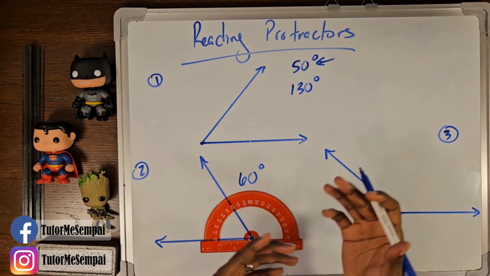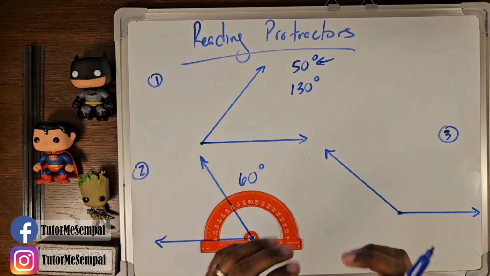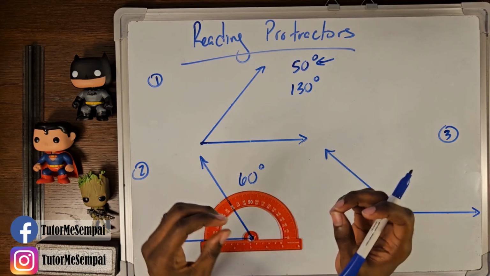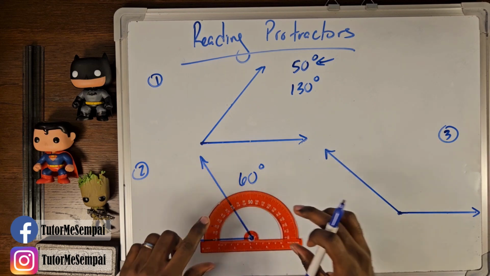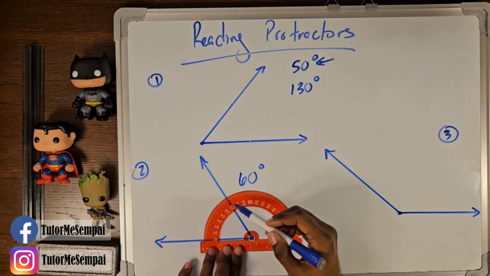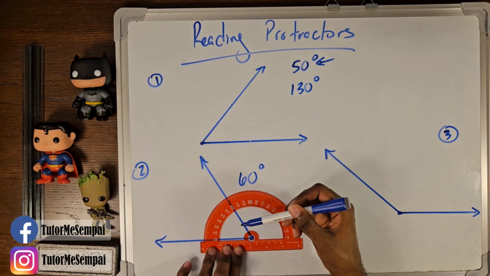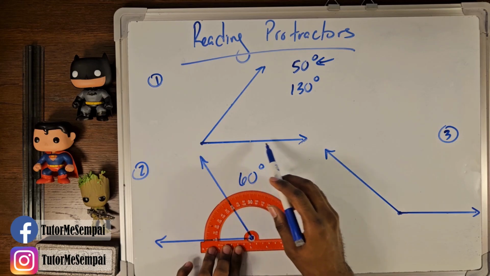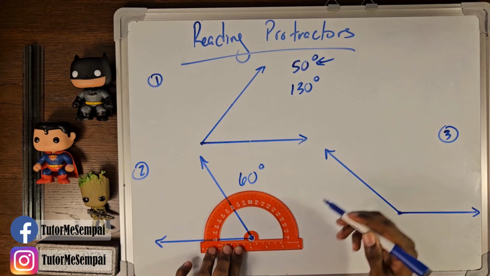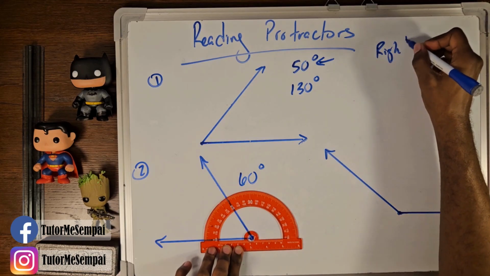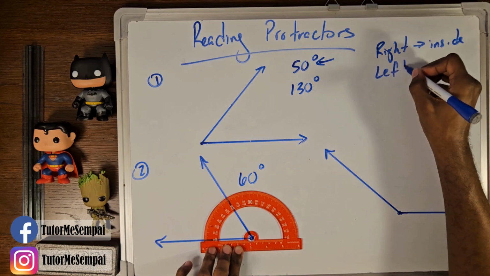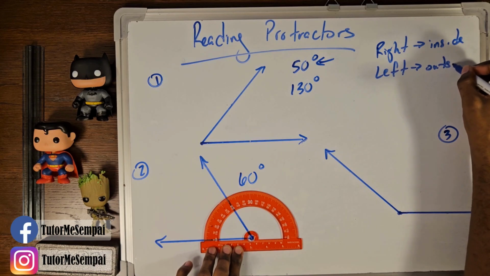So you see, reading your protractor is pretty simple once you know where your placement is. Remember, that's key. You have to know where you're placing your angle on your protractor. But once you have that, it's simply figuring out whether it's the outside or the inside number. If you're pointing to the right, you're going to be using the inside number. So the right, inside; the left, outside.